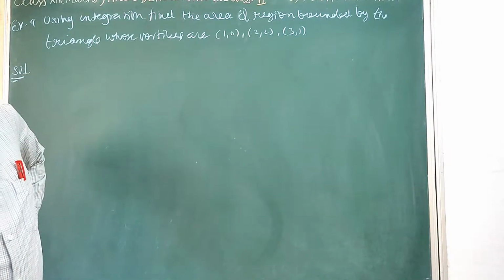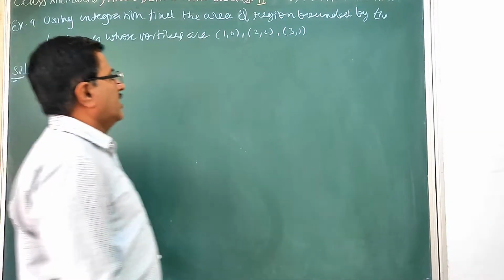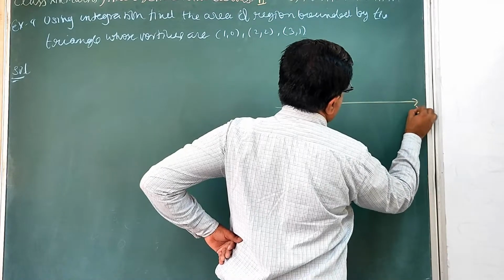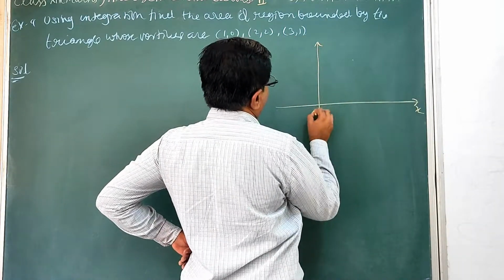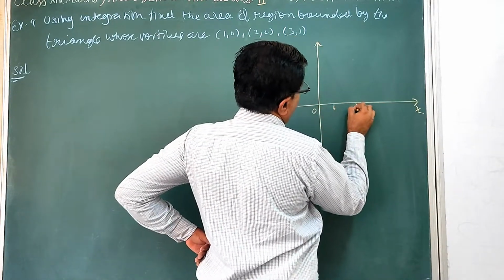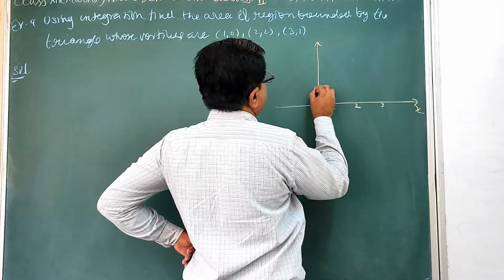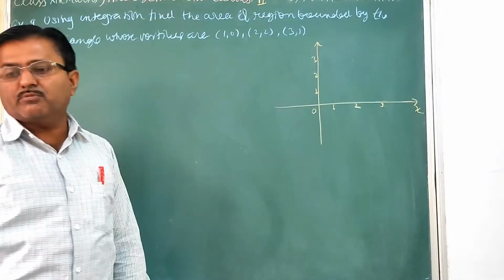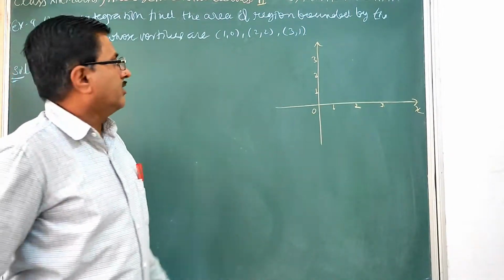So first of all, we have to plot the points on the graph. So we get the required triangle. So this is point 0, 1, 2, and 3. Here also 1, 2, 3. All are positive given, so we take positive axis only as our requirement.